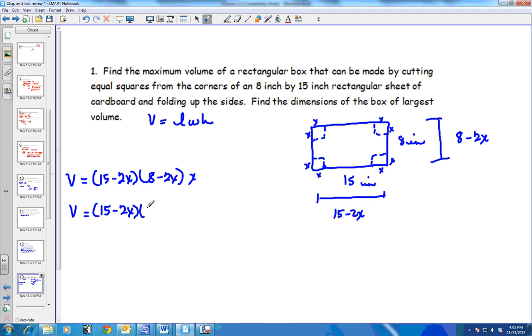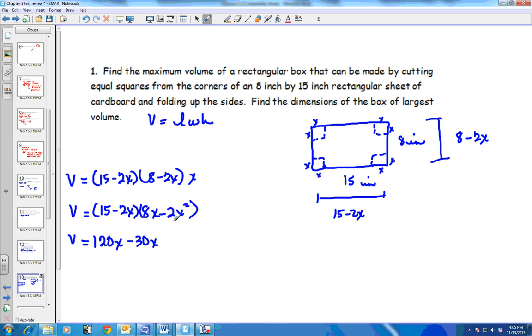I'm distributing my x, so that's 8x minus 2x squared. So now I'm going to go ahead and FOIL this out. So 15 times 8, 120x. 15 times 2x squared, that's minus 30x.